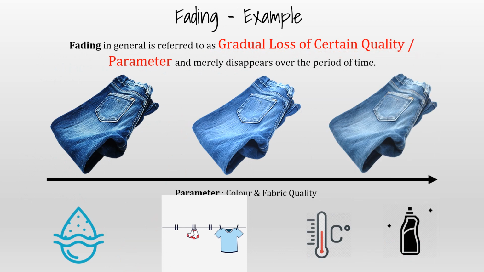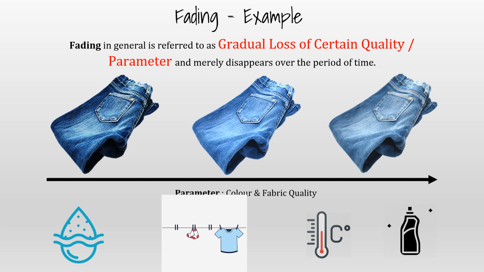Now let us see about a very important term, that is fading. Before getting into the technical context of fading, let us see fading with some real-time example which we have already come across in our day-to-day life, and we will try to correlate that example with the technical things. I think it will be easy to understand the concept.